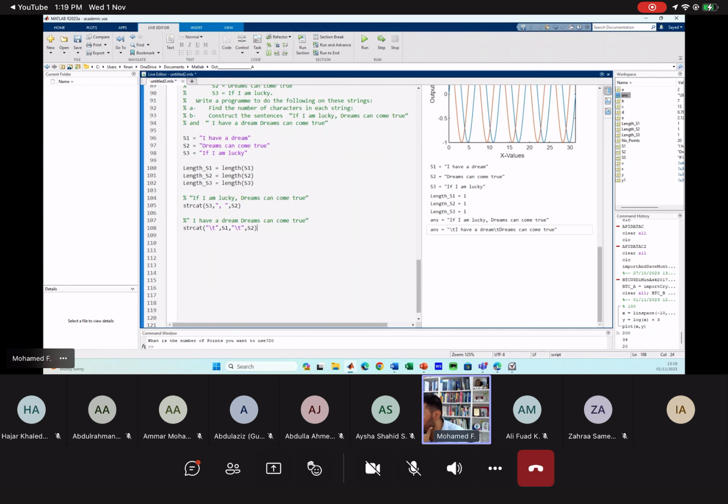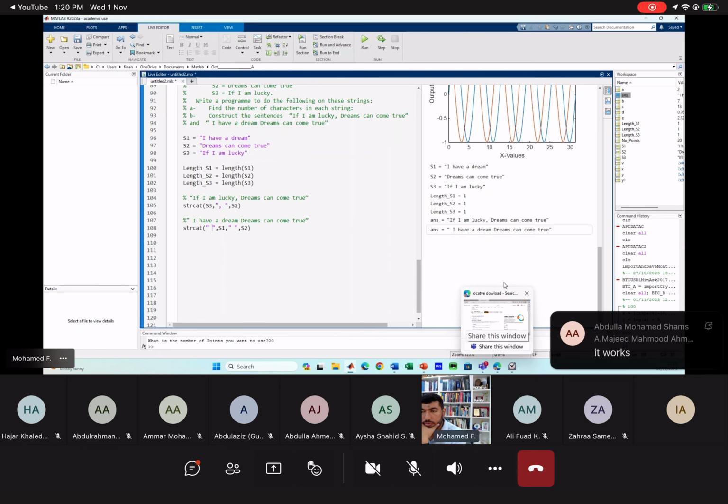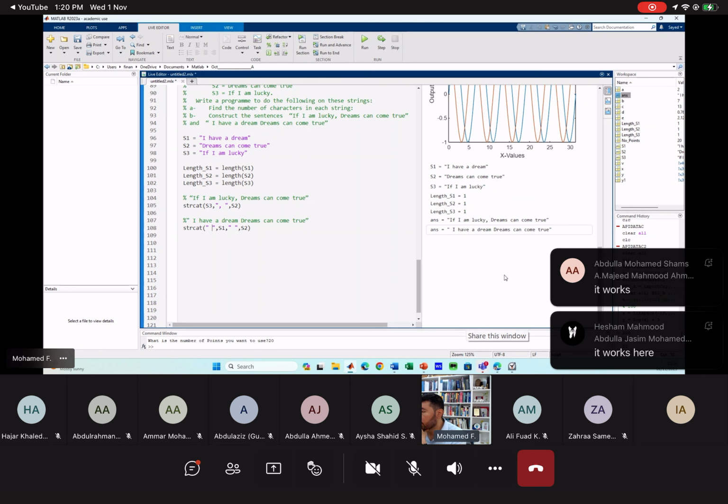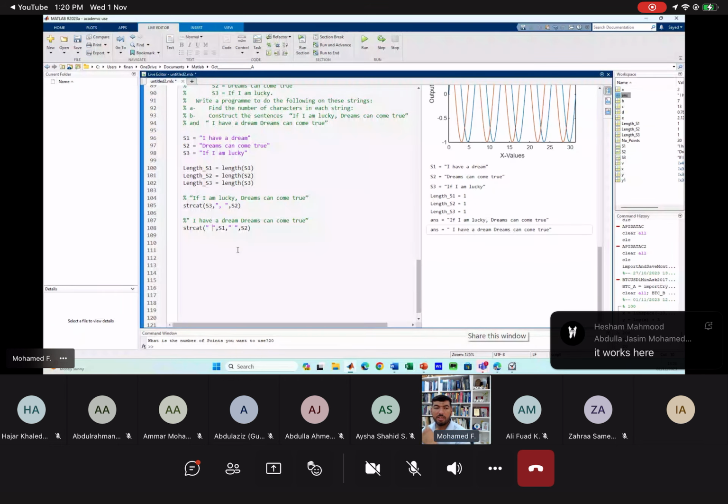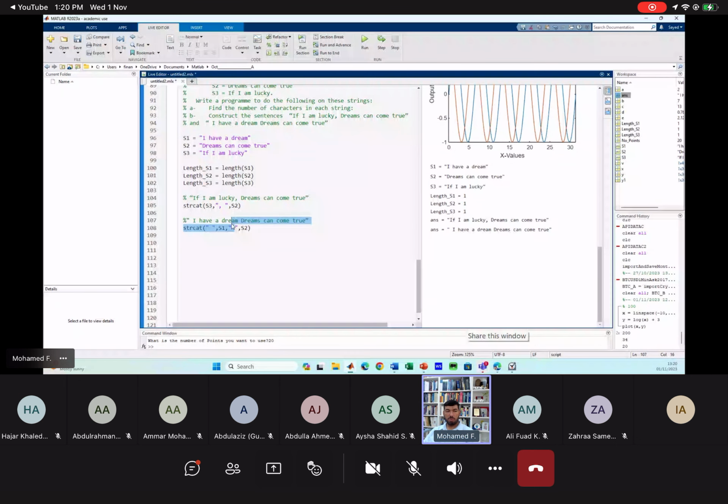Is it working for you, the one that I have given you? Also, it doesn't work. I think in my case, it works as a space, just normal space, because I'm using MATLAB. Yes, it works. So for you, when you run the code that I gave you on the chat, is it working on Octave? It works. Excellent. So the way to do it is as what we have done.